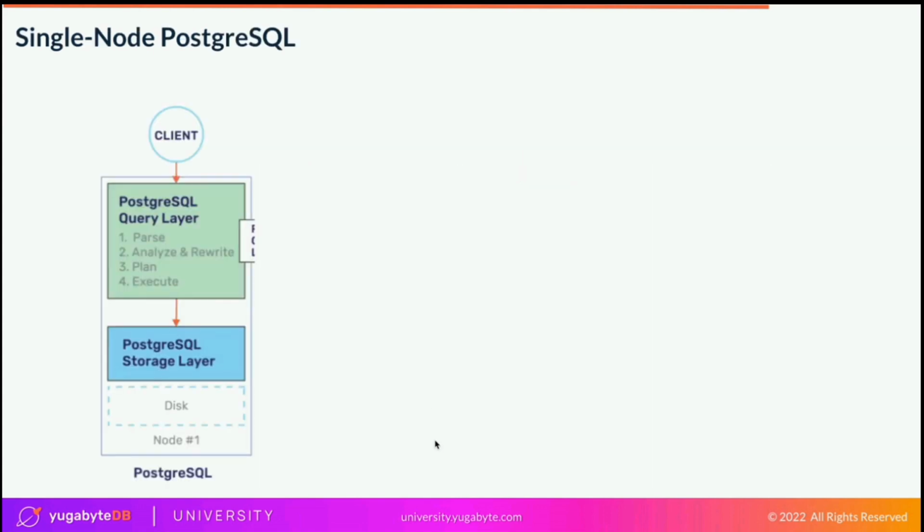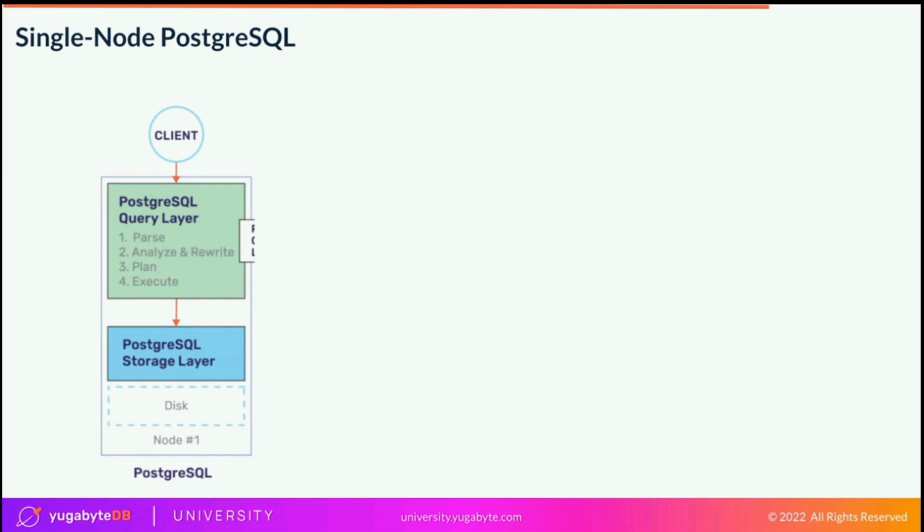Cool. So when we're talking about the differences between YugabyteDB and a PostgreSQL database, first and foremost, Postgres is an awesome standalone database, right? And it's been tested and proven in production environments around the world. And it does what it does very well.